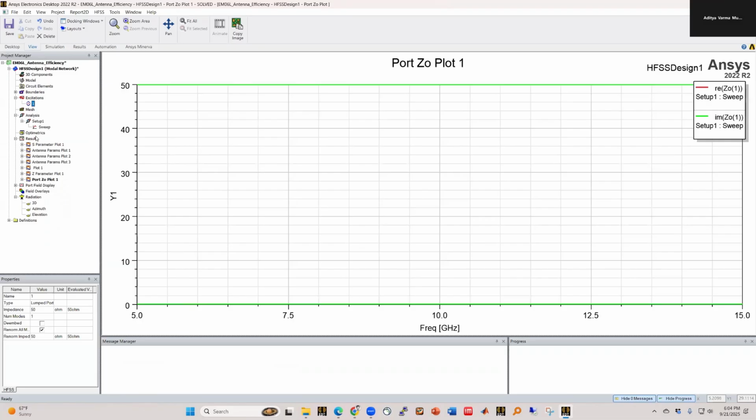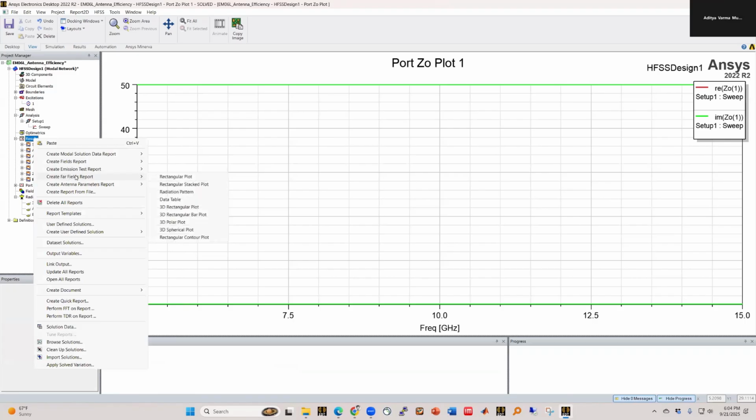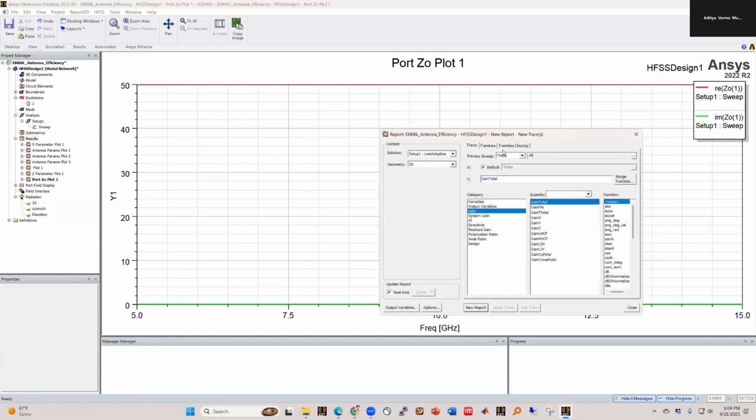Another thing is the axial ratio bandwidth. So for that, we need to go into the far field parameters, click axial ratio, click dB, change this to sweep, change this to frequency because we want to sweep it as a function of frequency.